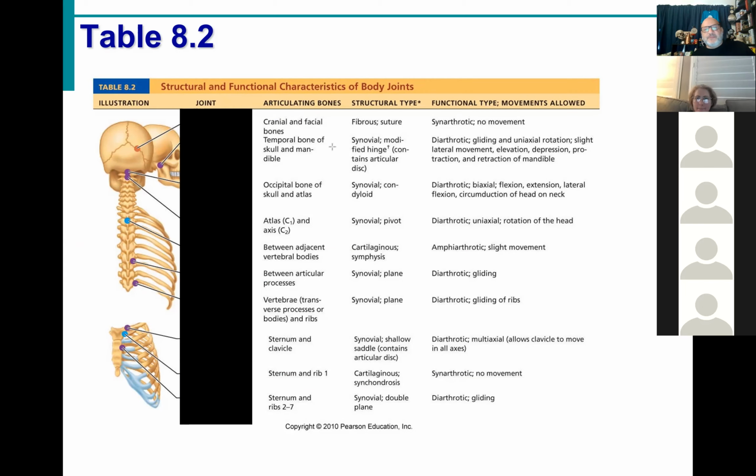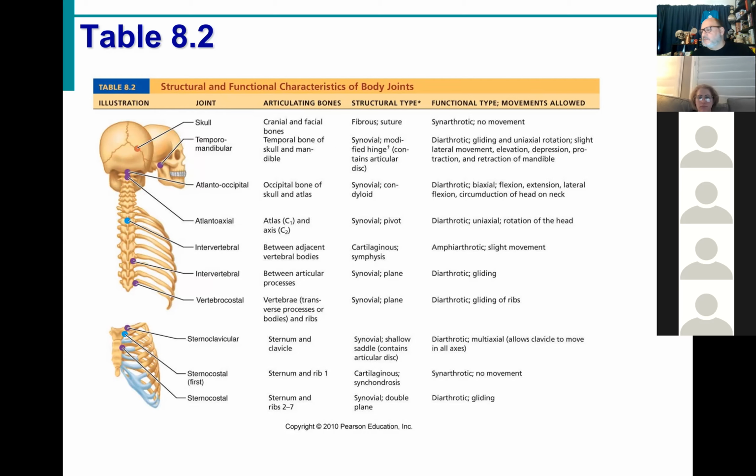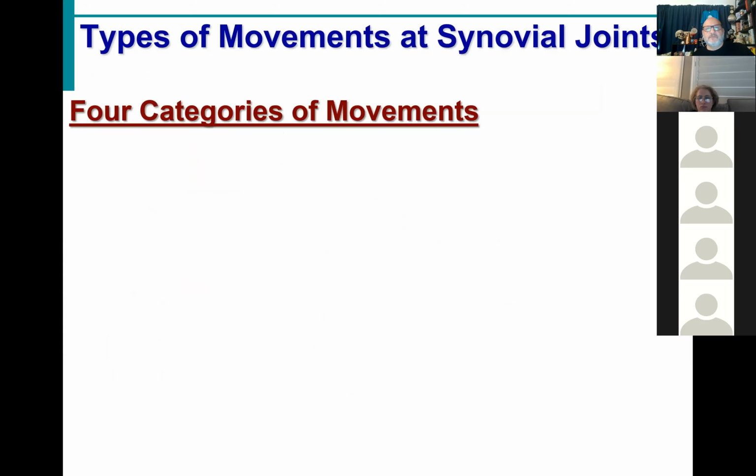But for every specific structural type we've talked about, you should know at least one or two specific examples. So notice for all the joints we've talked about up to this point, I've given you at least one or two examples of them. And so make sure you know those examples. All right. Questions on that? All right, excellent.